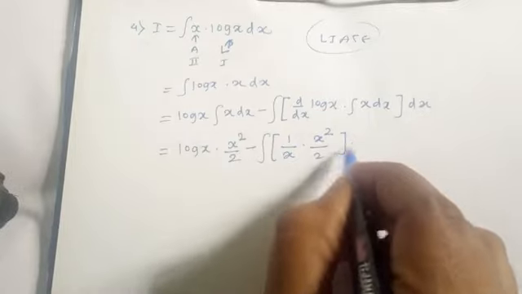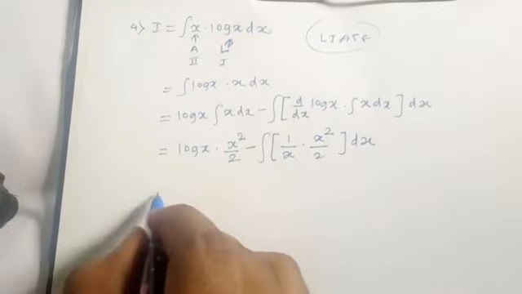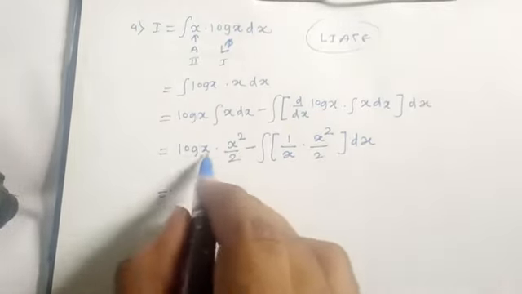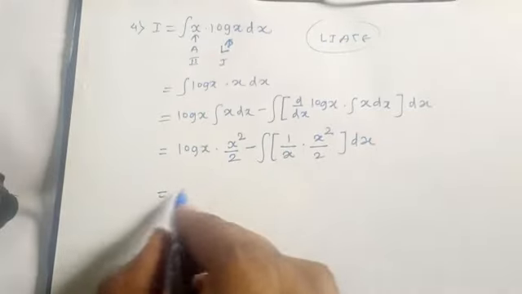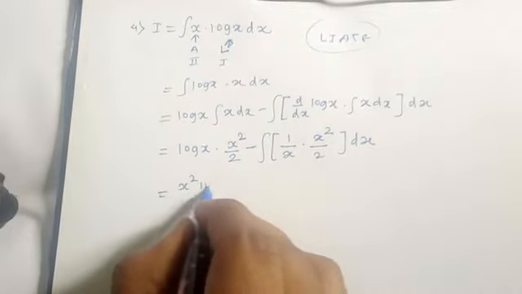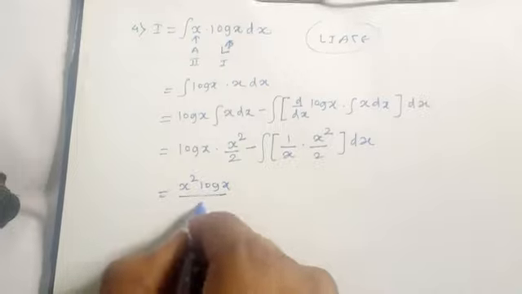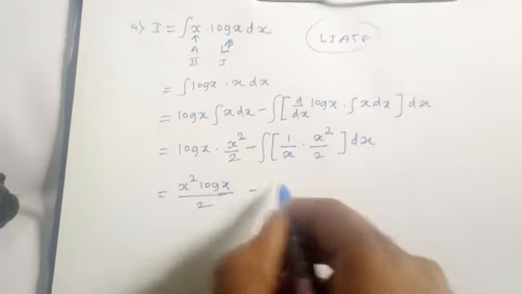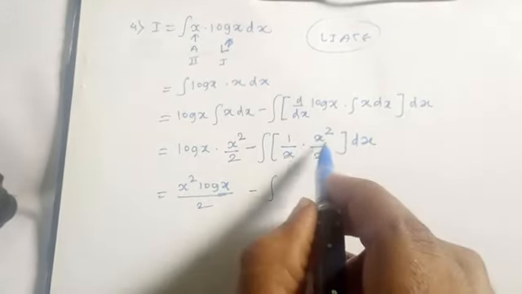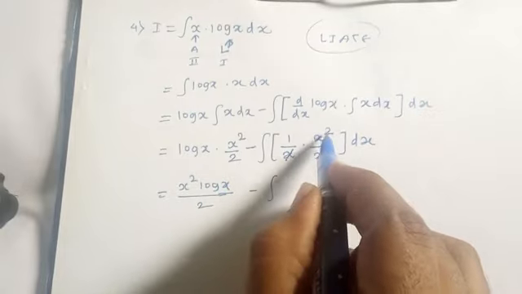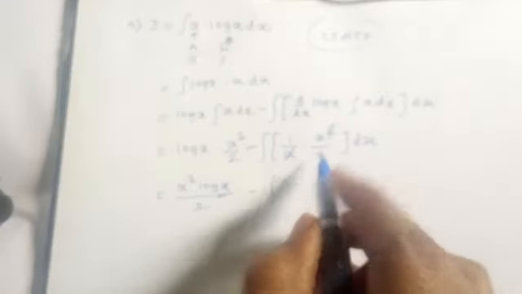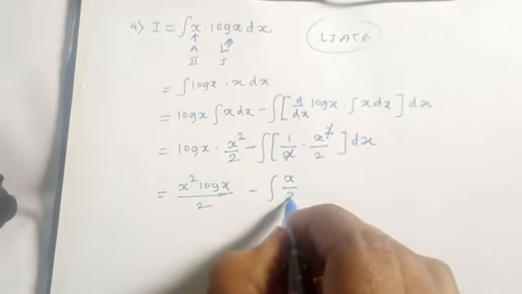Okay, and dx. So our integration becomes log x into x square upon 2, that is x square log x upon 2, minus the integration of, here the x and 1 upon x cancel, so only x by 2 remains.